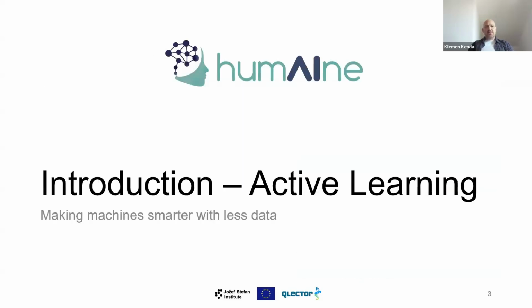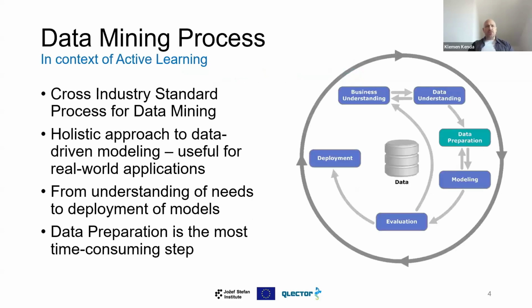So basically, active learning could be described with what we see here on this slide, and it's about making machines smarter with less data. We all know that the core of data science and building machine learning models is the availability and the quantity of the data that we have.